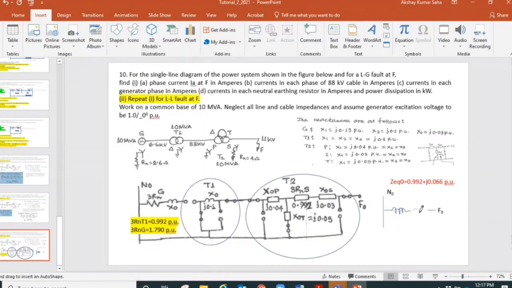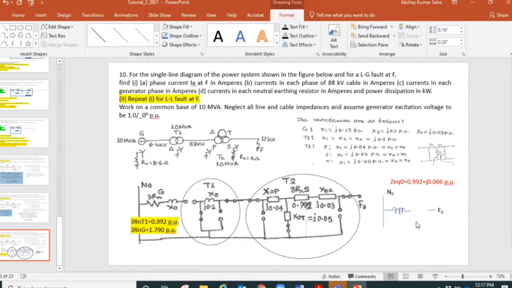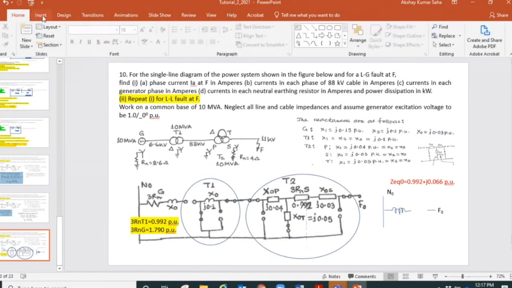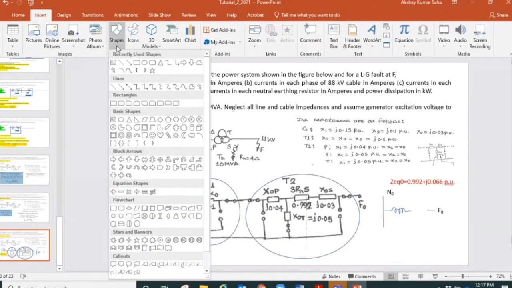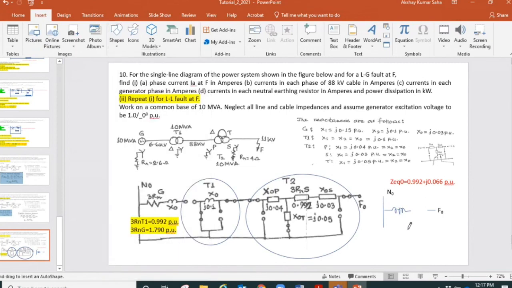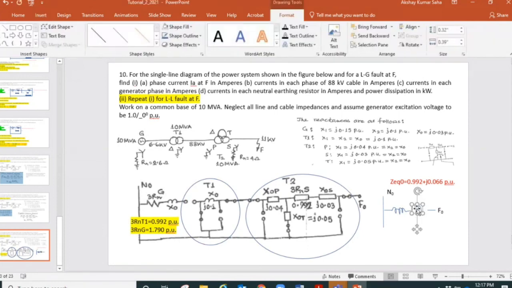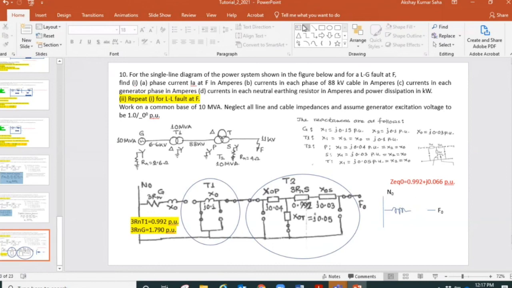So it will have a very high value. How do I draw a resistance there? Okay, let me put a text box and say R in it. That's much easier.